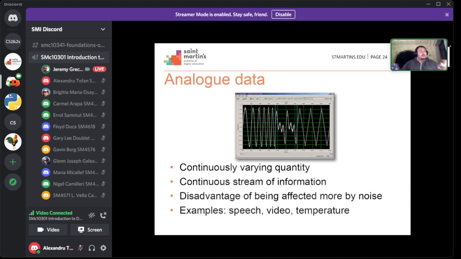So anything that interrupts the signal somehow can be considered a form of noise. There are different kinds of noise, which we would need to define in more detail, and we are going to. Any other questions so far?